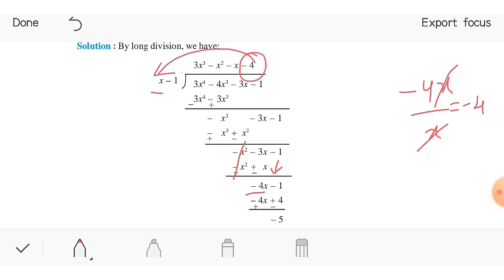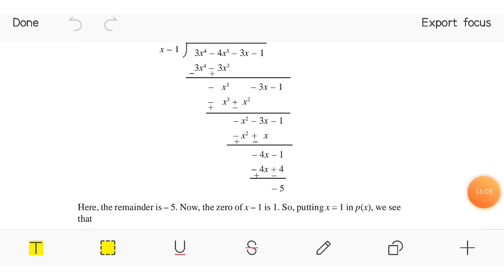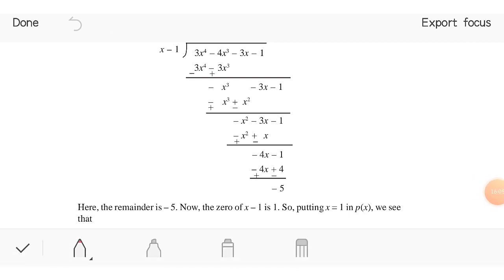Minus 4 into x is minus 4x, minus 4 into minus 1 will give plus 4. Again there will be a symbol change. This minus symbol changes to plus, this plus symbol changes to minus. Now these two get cancelled and minus 1 minus 4 will give us minus 5. So this is the remainder. Here the remainder is minus 5.